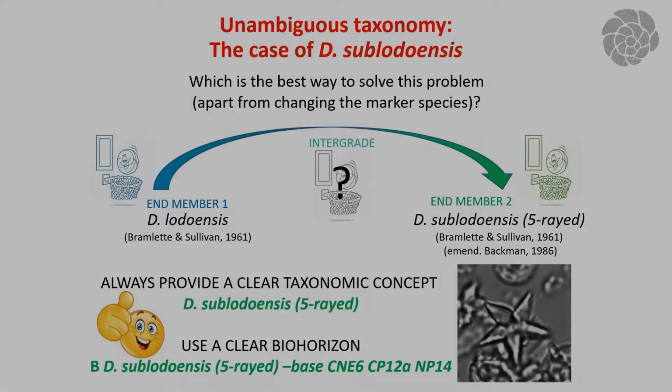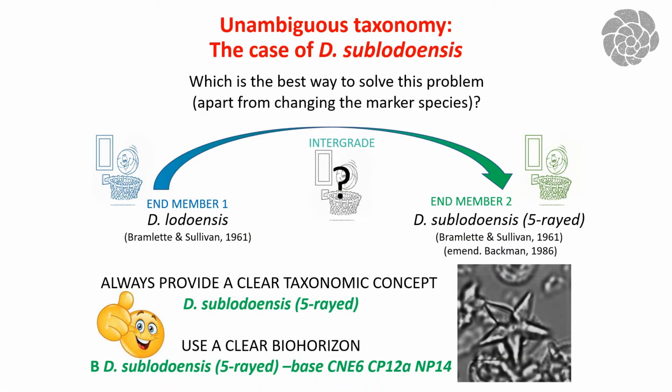So one possible solution, the one that we have actually decided to adopt, since we are paleontologists and we are not dealing with DNA, but we are dealing with morphology, we have decided that we just include in this group, so in Discoaster sublodoensis, the 5 rays, and all the others will be ascribed to Discoaster lodoensis.